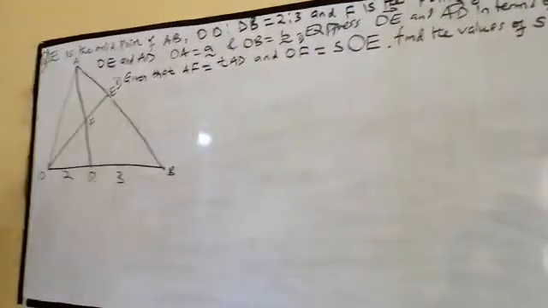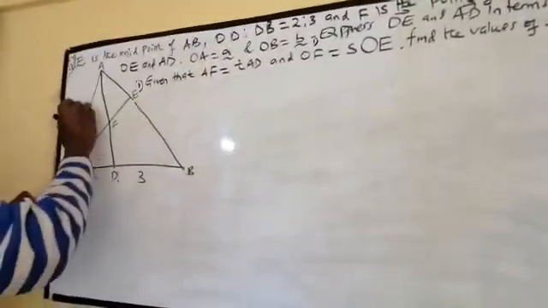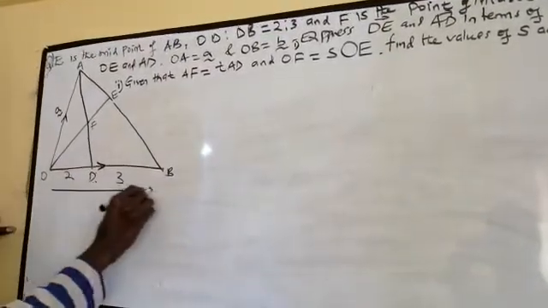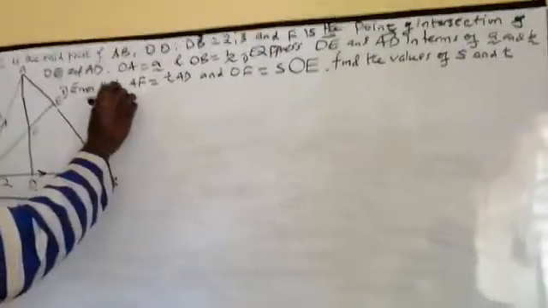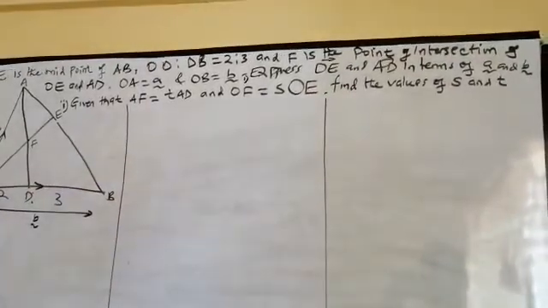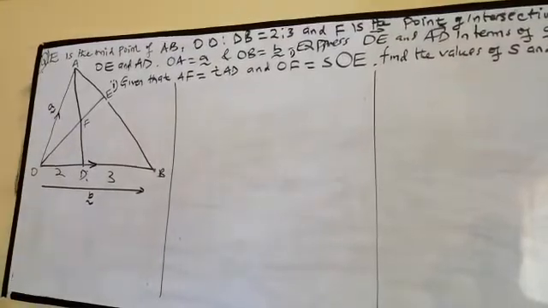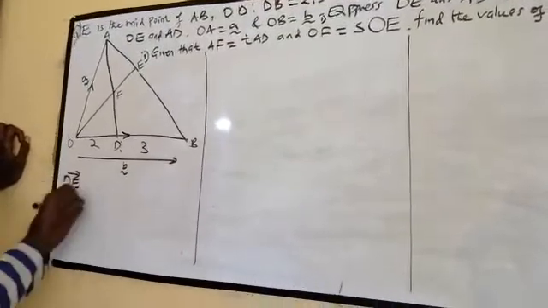Now in the first case, you have been told that vector OA is A, and OB is vector B. All this from here up to here is vector B. The first thing is that we express OE and AD in terms of A and B, starting with vector OE.